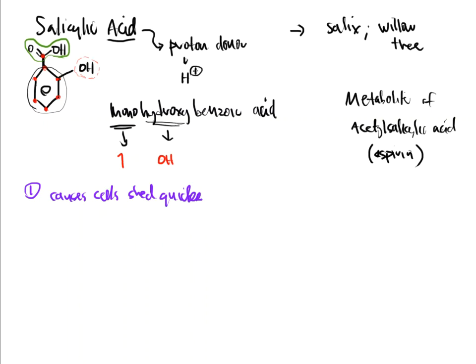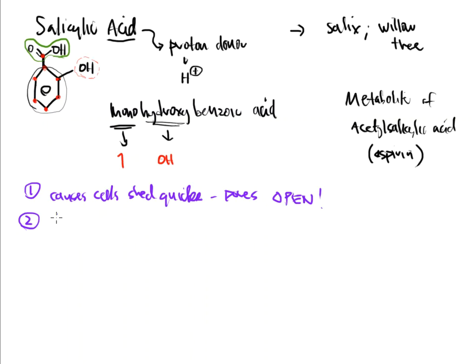Well, if I have something that can go in and open up those clogged pores, then all of a sudden it causes acne and dirty faces to go away. And that's why we see salicylic acid used in the cosmetic industry quite a bit. So it causes cells to shed, and that allows the pores to open up. So pores can open, and that's good news for you and me.